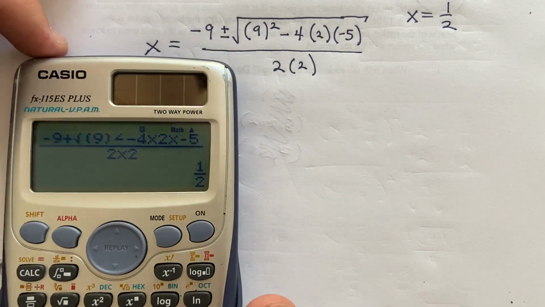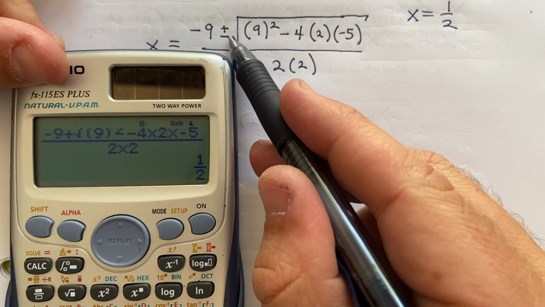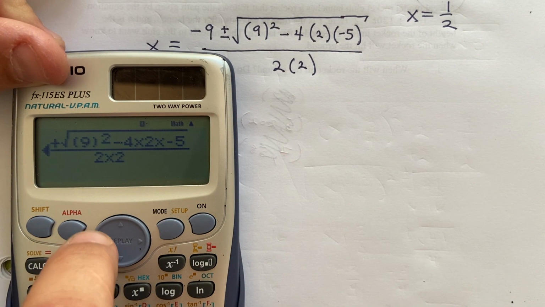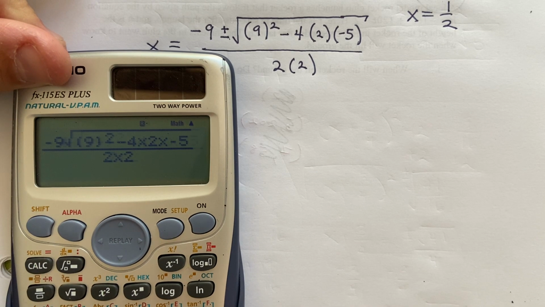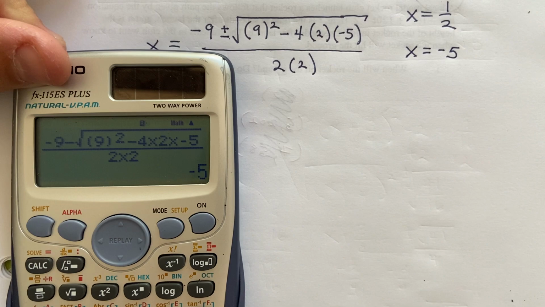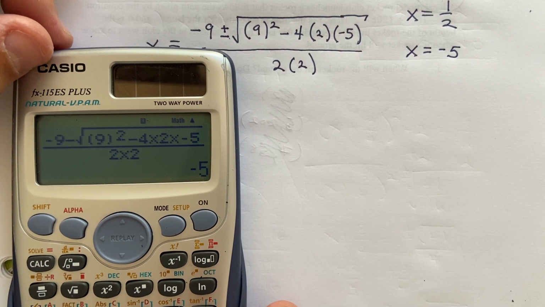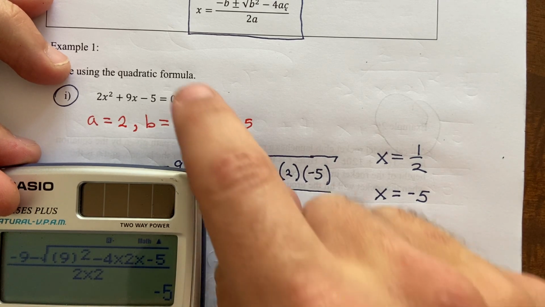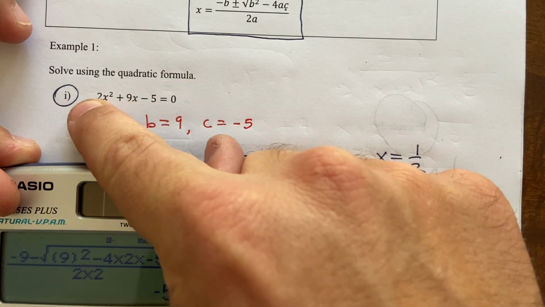What you can now do, because we also need to do the minus case, is you can scroll left a bunch of times till you get over there, change that to subtract. So we also have that -5 works. So maybe I'll check this with -5. So the claim would be that -5, when plugged in, solves this equation here.